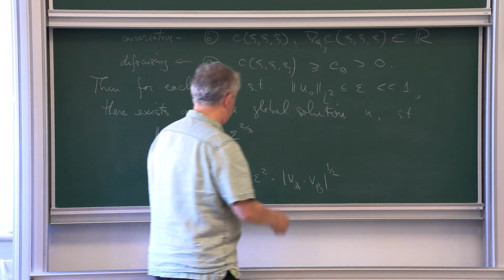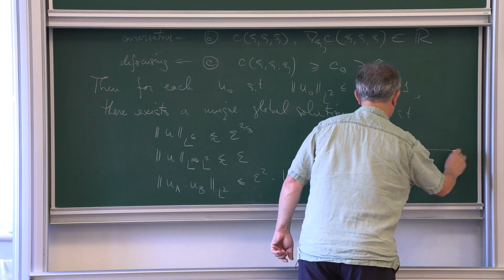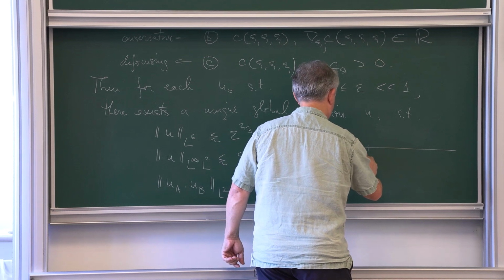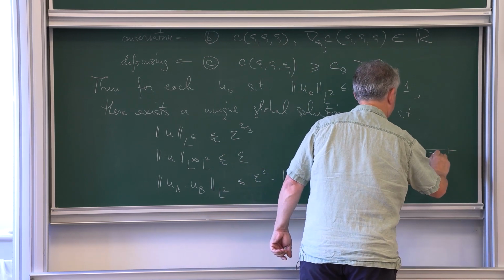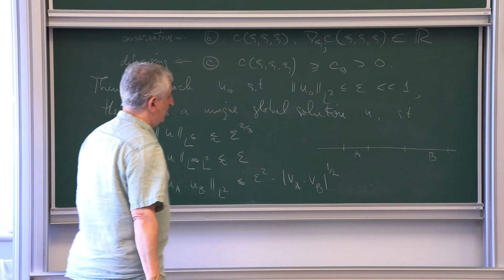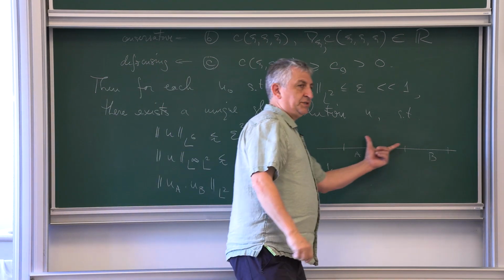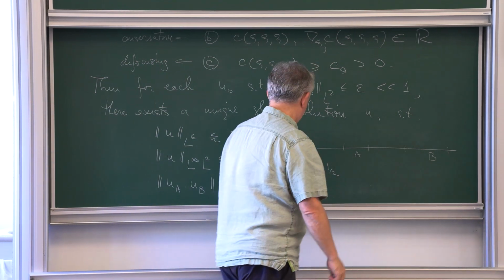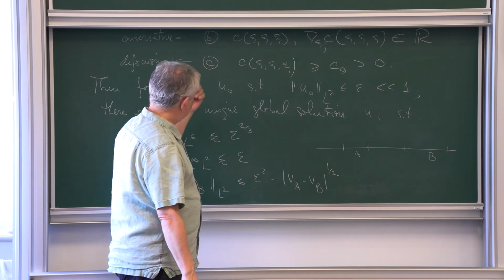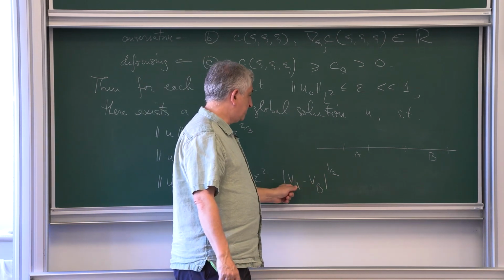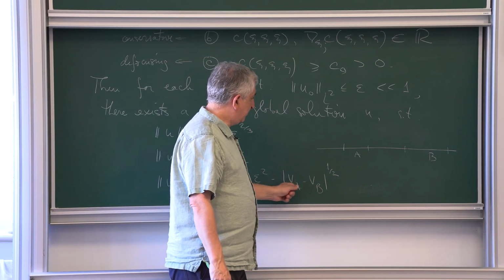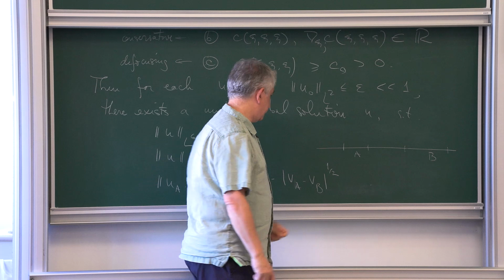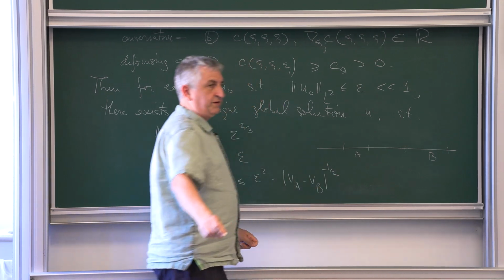So here, the image that you should have in mind, you have the Fourier space, you have some region A and some region B, and you're assuming that these two regions are separate, okay? And so for the Schrödinger equation, the group velocity is proportional to the frequency, so this is like the difference between the center frequencies, the power minus 1/2 in here.